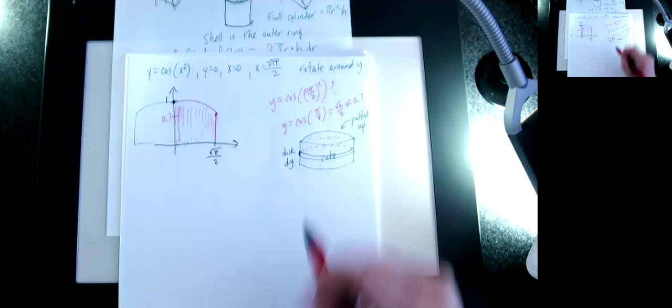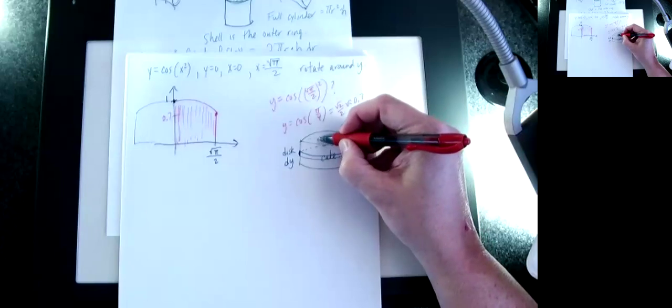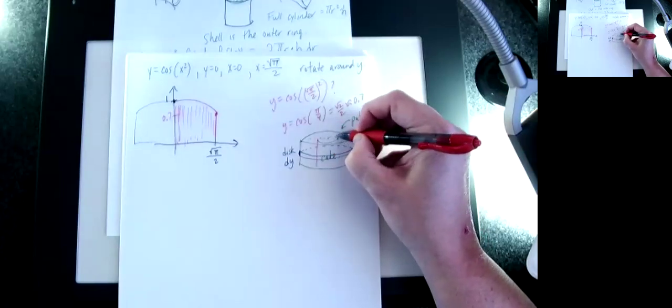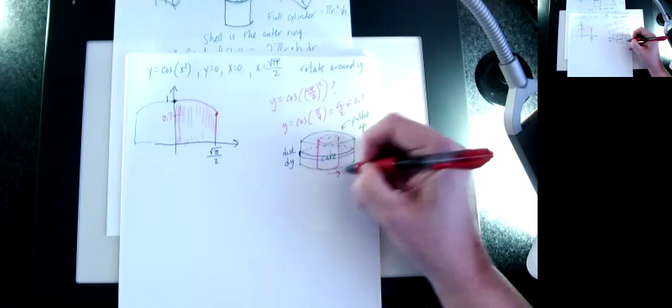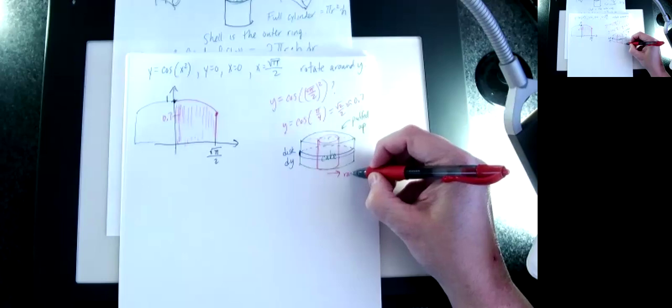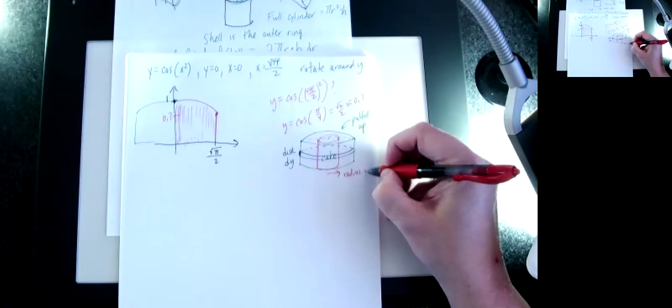If I do the shell, I'm literally doing like a circle like this, and we're going outward, and our radius is along x. So we're going to have dx.